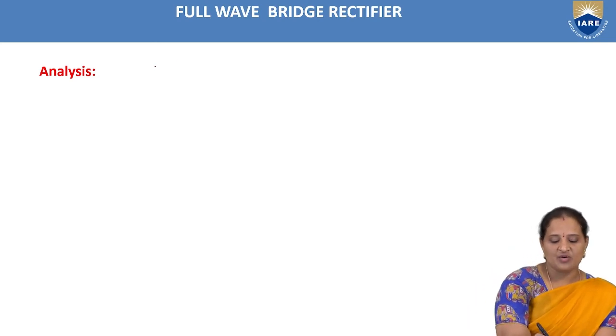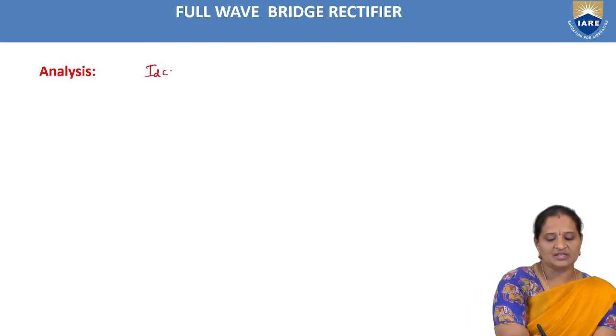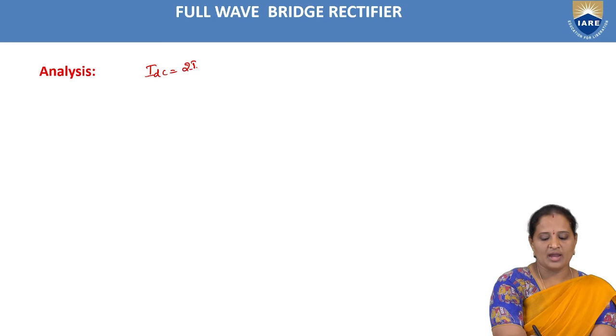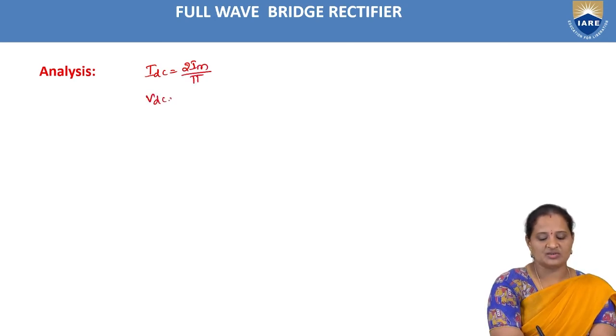What we have seen is that IDC is equal to 2 IM by pi. Similarly, VDC is equal to 2 VM by pi.